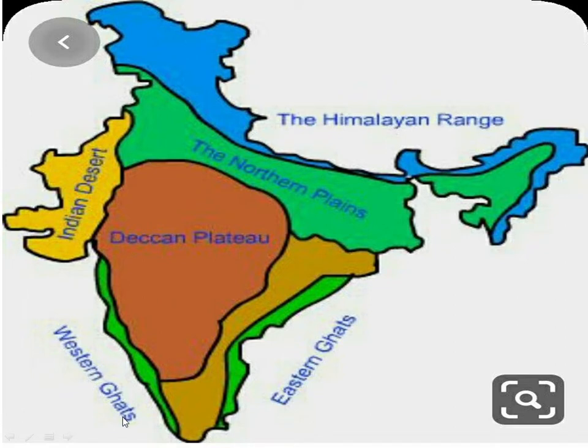Ghats are the continuous ranges, Western Ghats and Eastern Ghats. Between Western Ghats and the sea, you get the coastal plains, and at Eastern Ghats and Bay of Bengal, you get another coastal plain, that is Western coastal plains and Eastern coastal plains respectively.